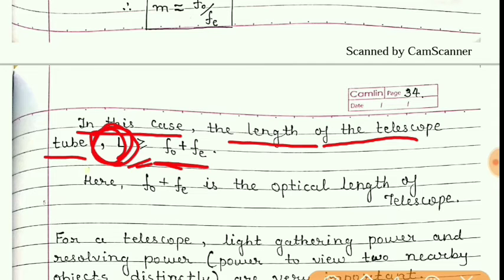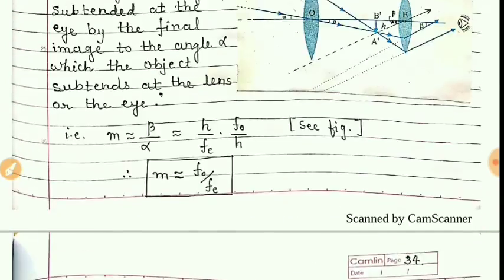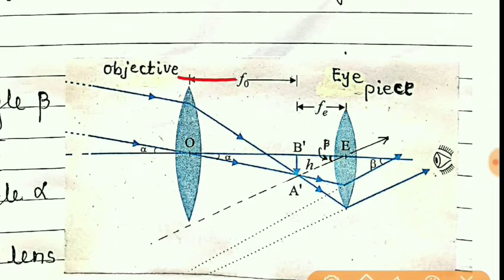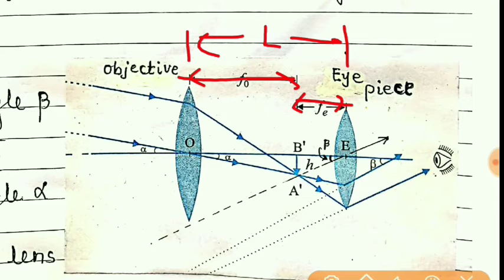You can see in this figure, this is FO and this is FE. So this distance L should be greater than or equal to this much distance.